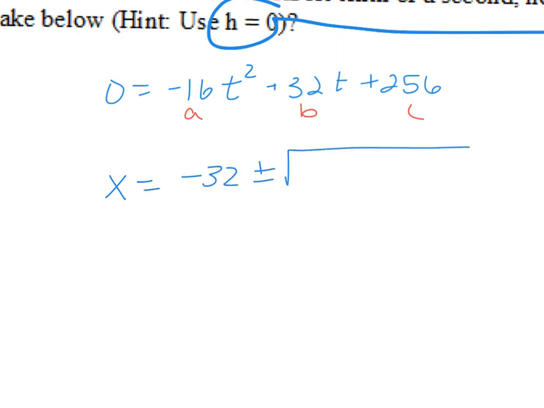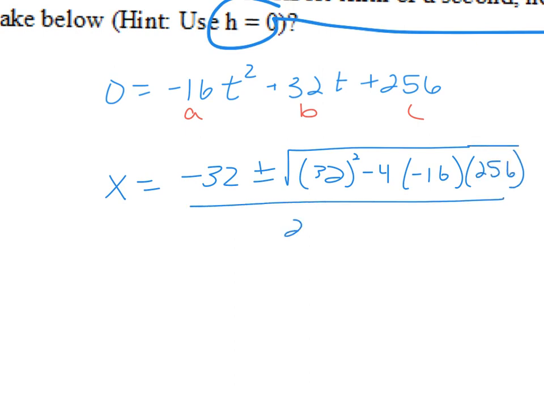Right, the opposite of b, so it'd be negative 32 plus or minus the square root of 32 squared minus 4 times a times c, all divided by 2 times a, which is negative 16. All right, so I'm starting on this inside here. I'm going to tap that big guy into my calculator. So 32 squared minus 4 times negative 16 times 256.